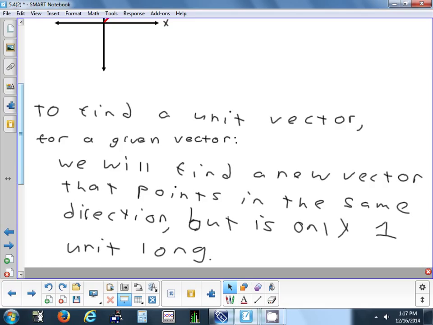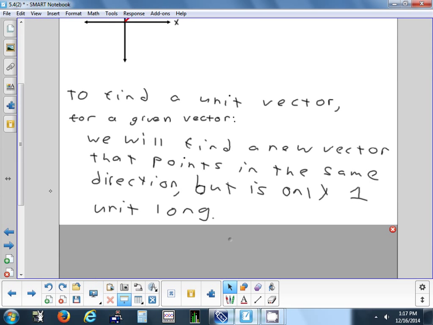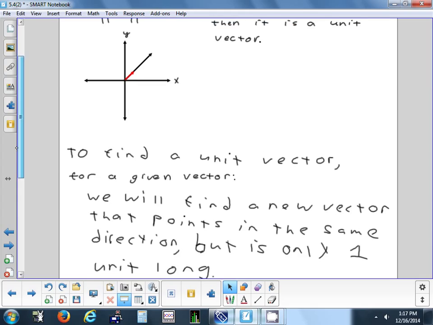Okay, so let's see if we can come up with a way to figure that out. And the easiest way might be to start with an example with numbers. And then kind of work backwards and think about it. Okay, let's pretend that vector in black, I'm just going to make up a length for it.